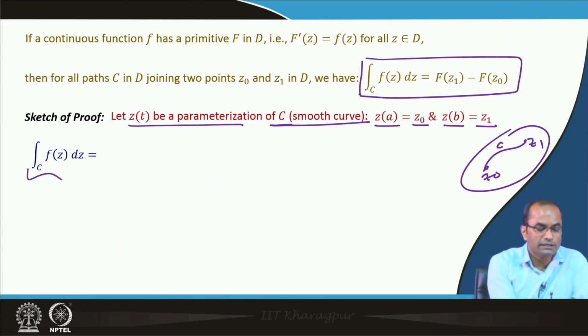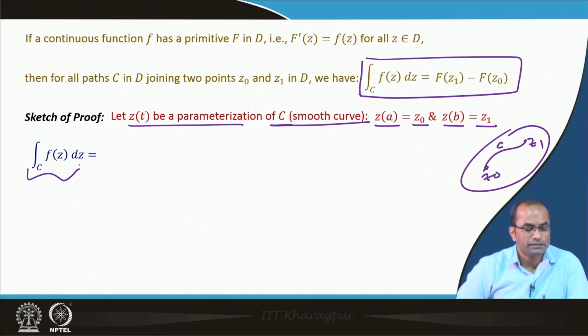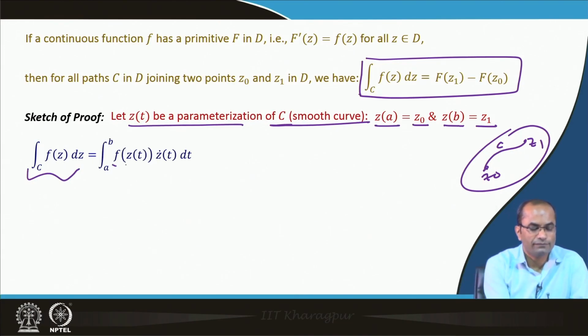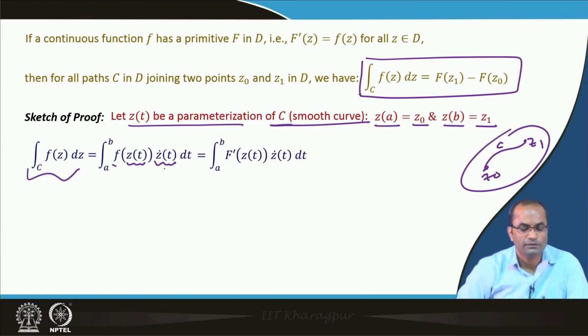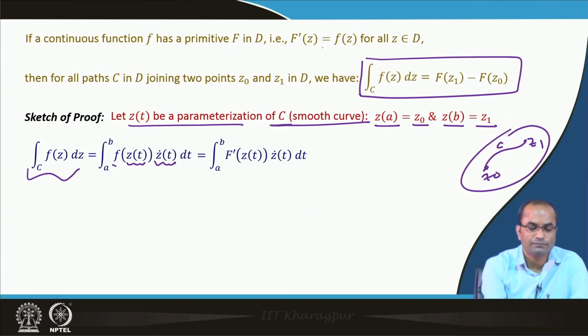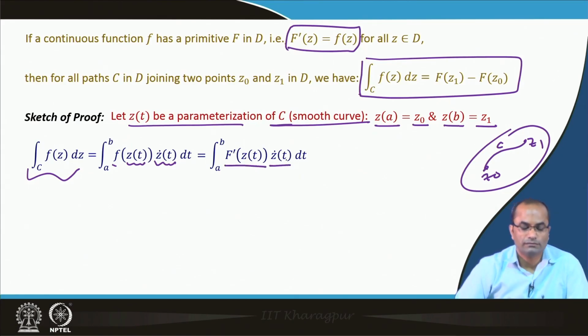So, in the line integral of f(z) dz, we substitute z(t), as in the formula we discussed first, and its derivative. Since f has a primitive, f is given as F prime, so we get F prime of z(t) times the derivative of z(t), dt.